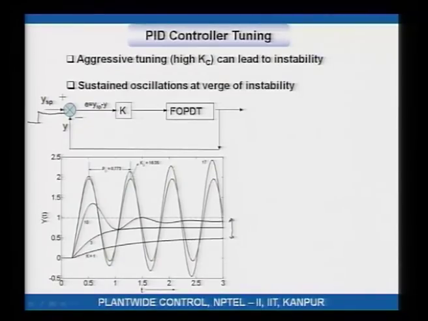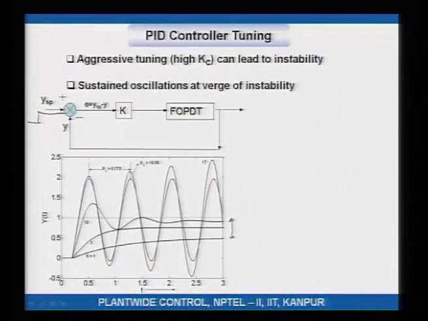The output does not reach the set point. It goes towards the new value of set point, but it does not reach there. You increase the gain from 1 to 3, well, output goes and the rate of change in the output is faster than with K equal to 1, but again some amount of offset remains. You increase the gain to 10, well, rate of change of output is much faster and now you start getting oscillations. However, some amount of offset still remains.